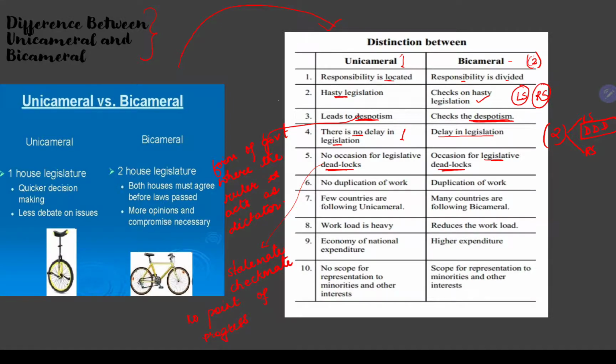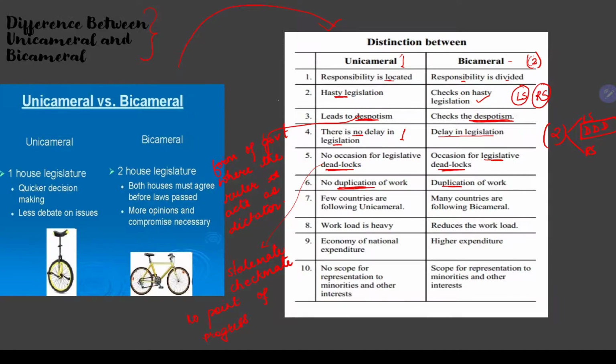Okay, so these are situations that might occur in bicameral legislation, whereas in unicameralism there is no occasion of a deadlock. Now, there is no duplication of work in unicameral, but there is duplication of work in bicameralism.